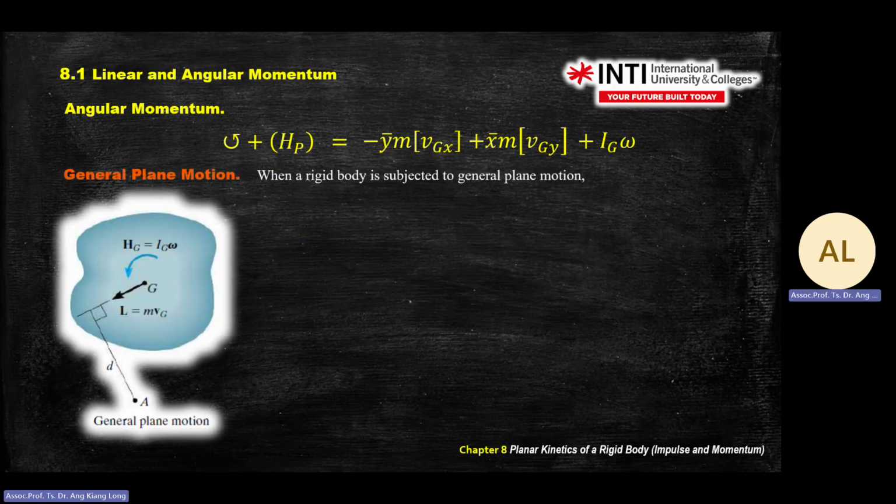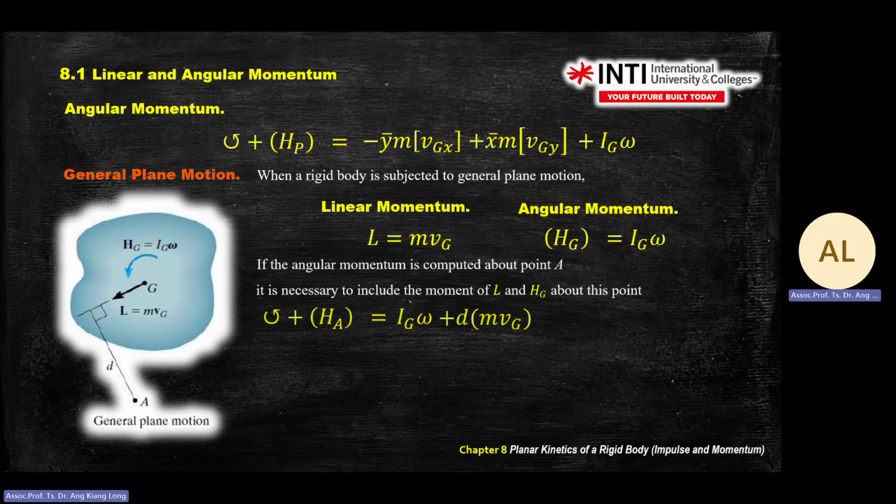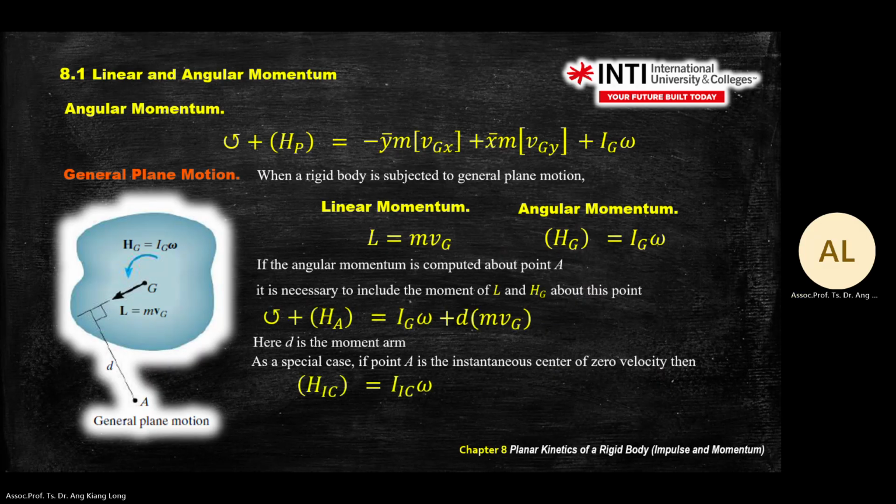Okay, general plane motion is a combination of the two. If it's combined, then you're still seeing the same formula. If you combine the two, we usually use the IC point, but it's still the same. You arrive at H equals I omega. You still use I equals IG plus MD square.